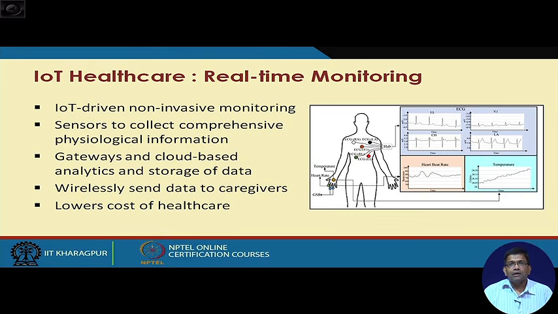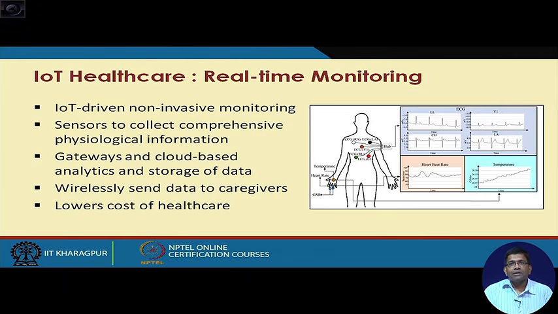With this kind of system, where there are different sensors, such as the blood pressure sensor, it would be possible to monitor the condition of the patients in real time, round the clock.